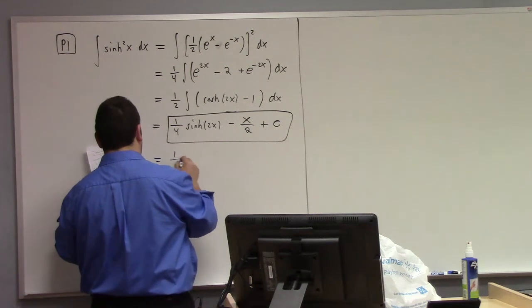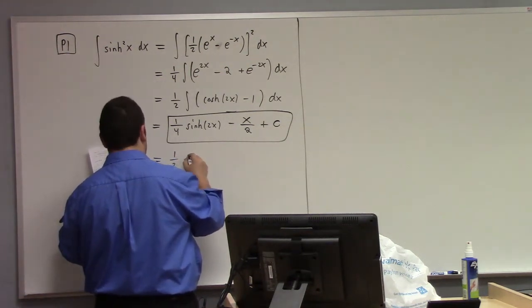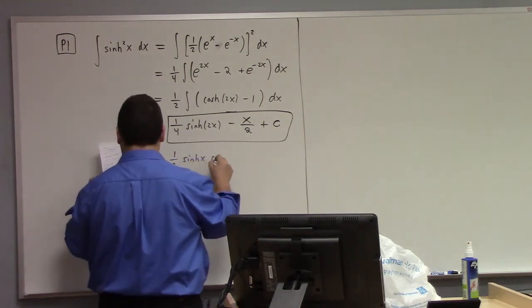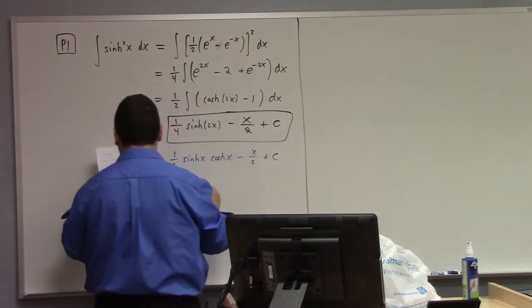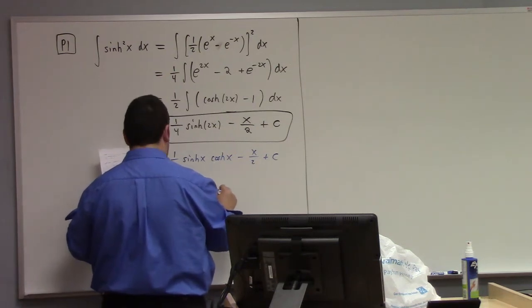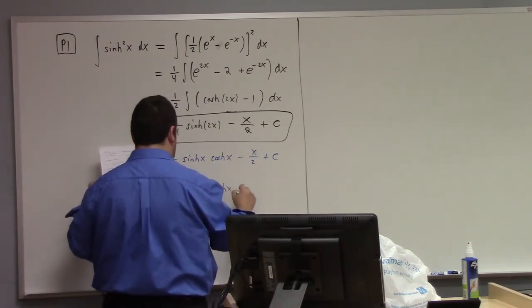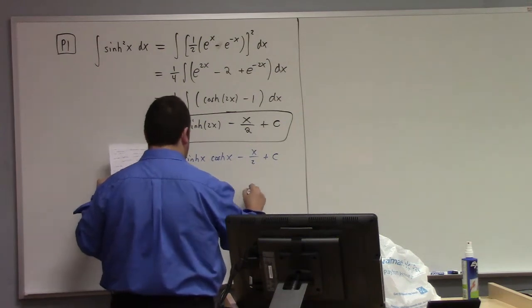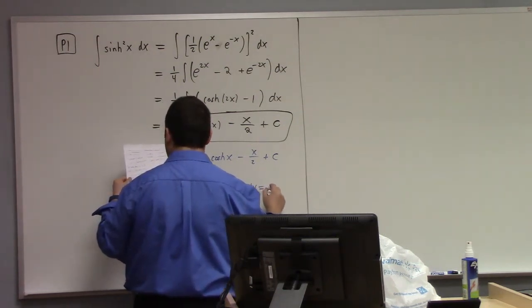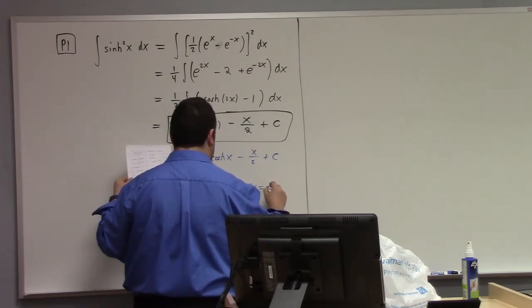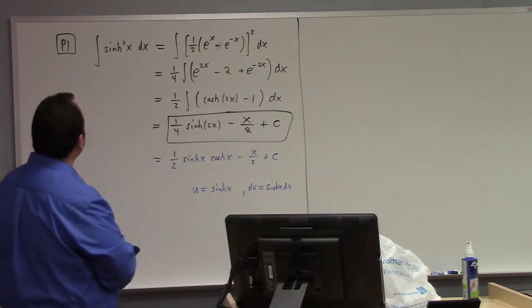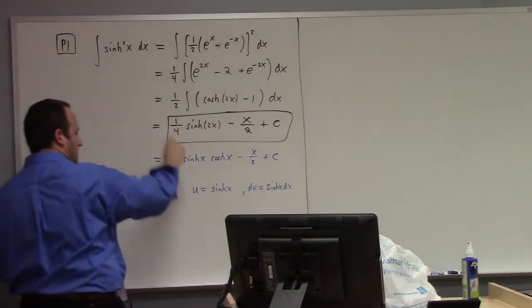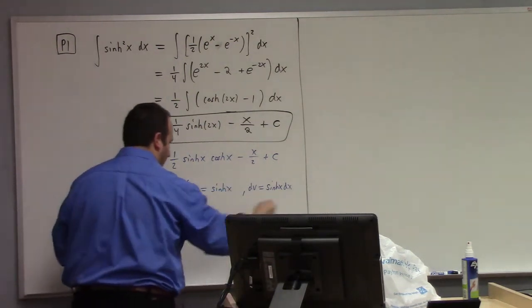And if you did that, you might have come to the following answer: 1/2 sinh x cosh x minus x over 2 plus a constant. That comes from making u equal to sinh x and dv equal to sinh x dx. This could be viewed as u dv, so you could integrate by parts.